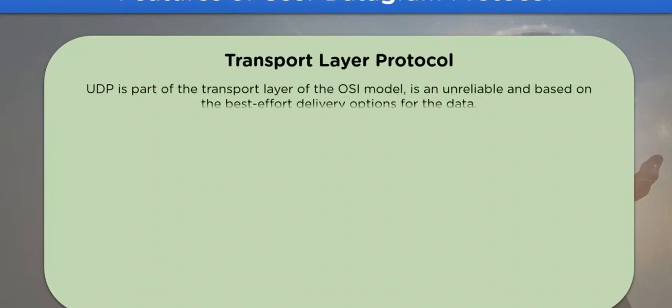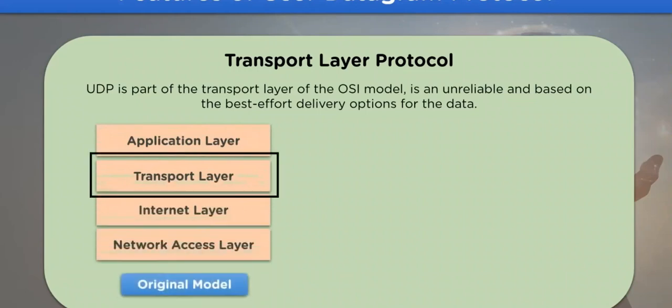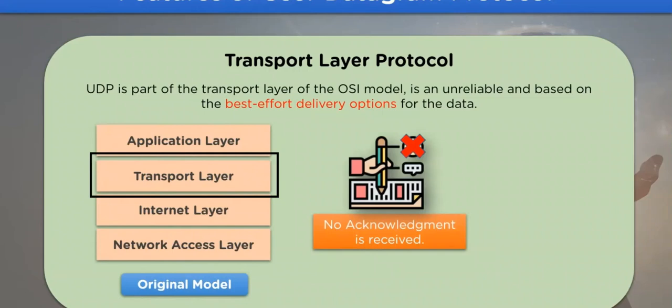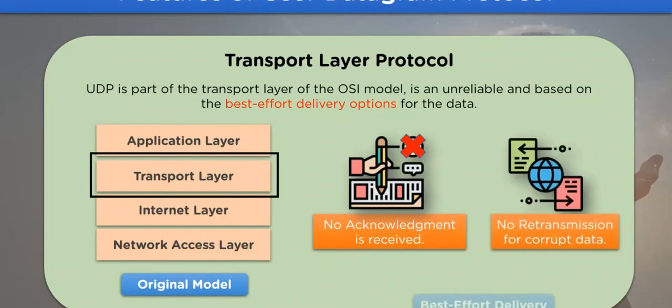That is, the UDP model is a transport layer protocol of the OSI model and is used to deliver best effort delivery options for the data transmission, where the best effort delivery option refers that the protocol does not provide the sender any acknowledgement from the receiver side for the data transmitted, or it does not provide any guarantee of data transmitted to the receiver side.